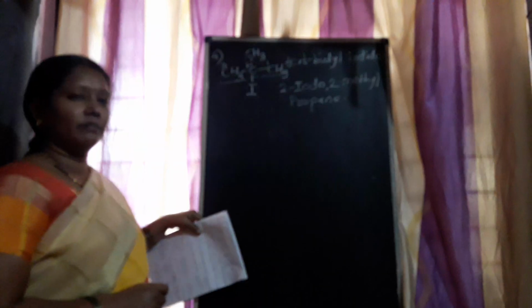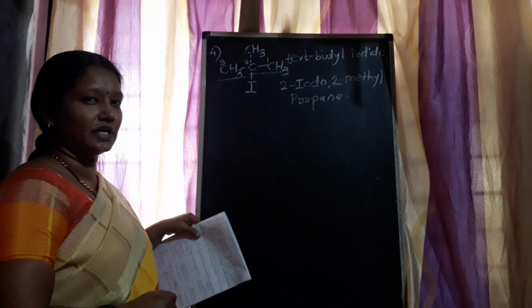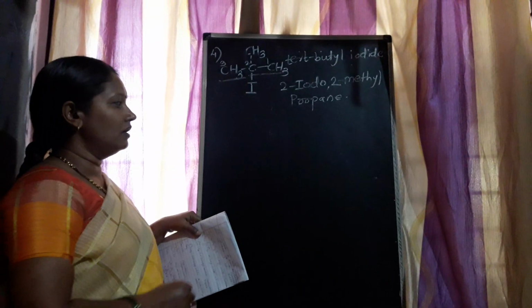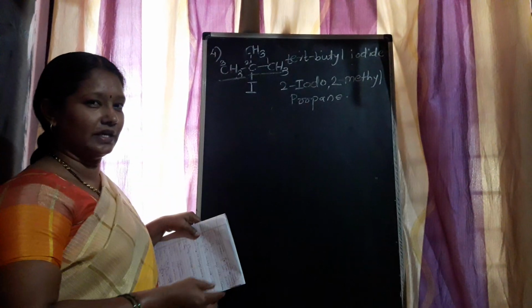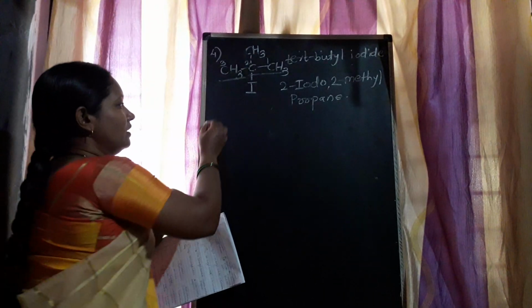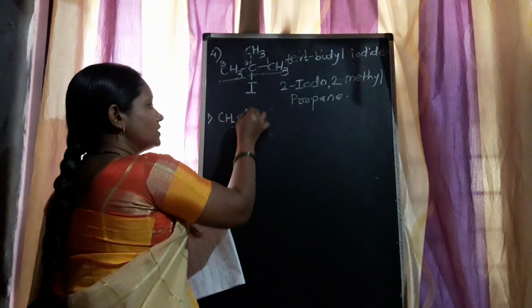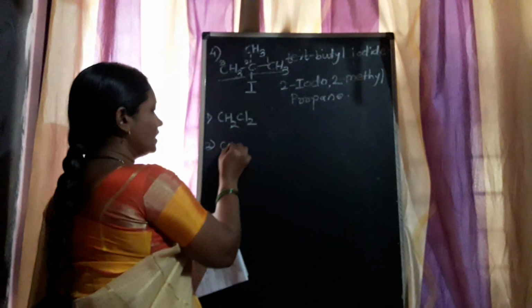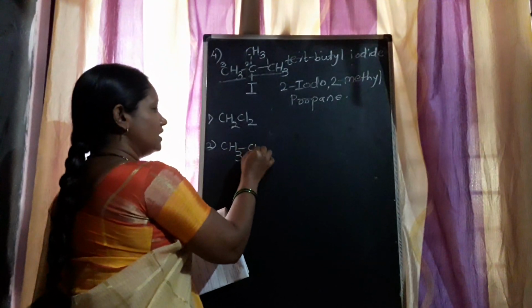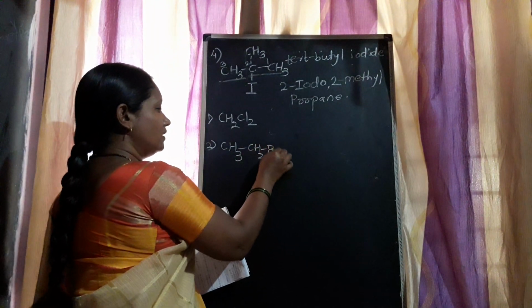Now, from the textbook, we can study some examples. First, I can write the examples here, then we can write the IUPAC name. From textbook: 1, CH2Cl2. Second one, CH3CH2Br.